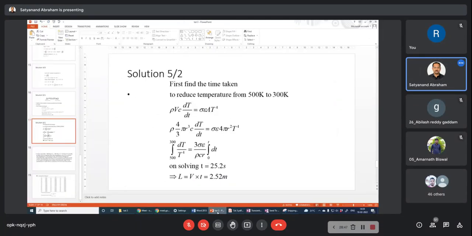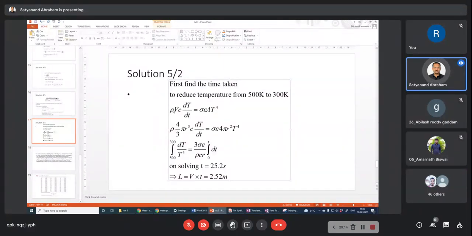But in this case, it is not h delta T, it is the radiation. The basic equation is the same, the energy balance is going to be the same. The rate of change of internal energy of the system is equal to the heat emitted by the system. So the rate of change of energy in the droplet is equal to the energy emitted by the droplet.